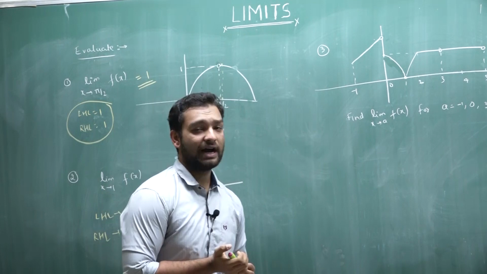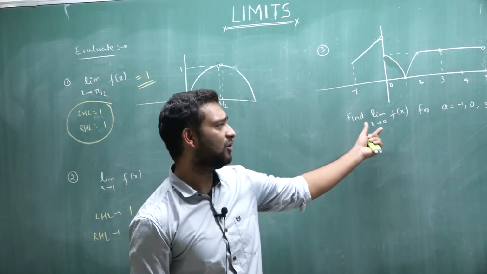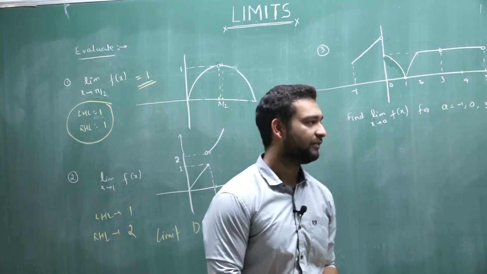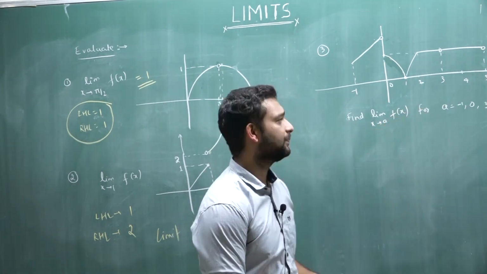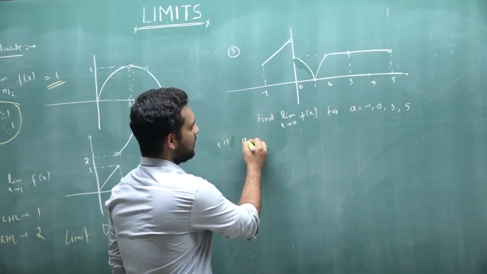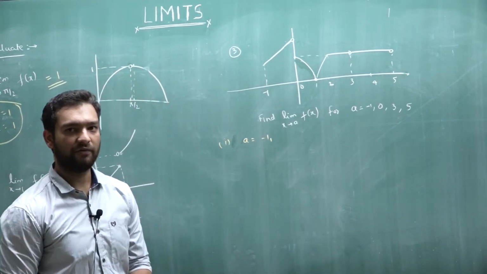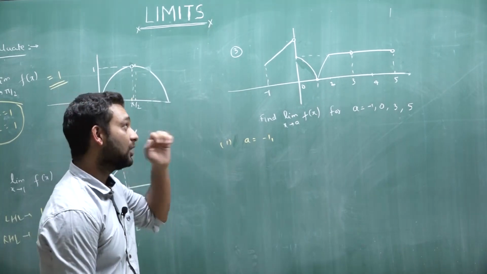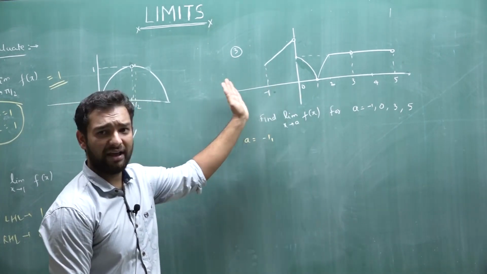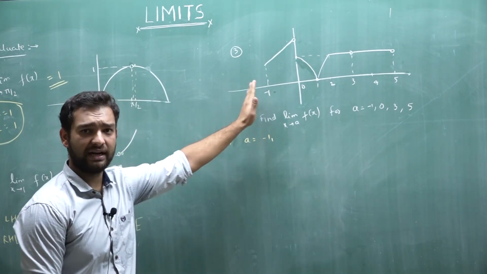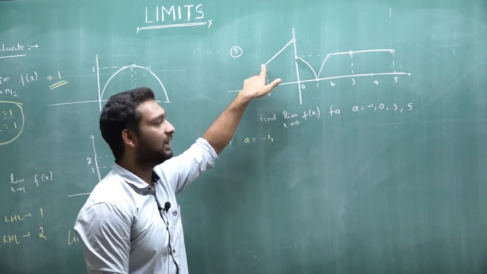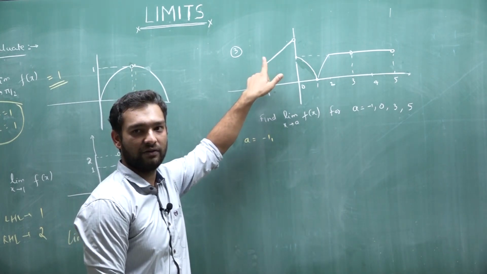What we have is the graph of f of x, and we have to find the value of the limit for a equal to -1, 0, 3 and 5. So we'll start with -1. At a equal to -1, we have to find the limit as x tends to a of f of x. We don't have any value for the left hand side of this function.